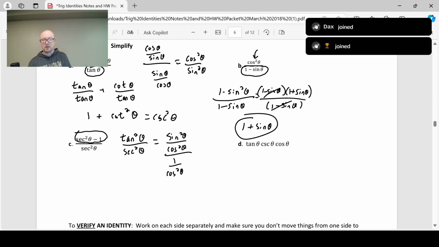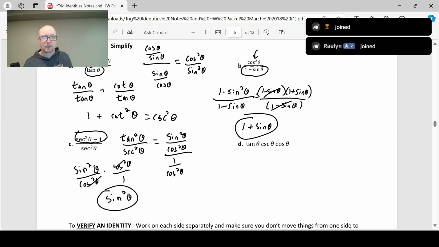If I multiply by the reciprocal, the cosine squareds are going to cancel. So we would get sine squared theta over cosine squared theta times cosine squared theta over 1. These are going to cancel, and I'm left with sine squared theta. Okay?